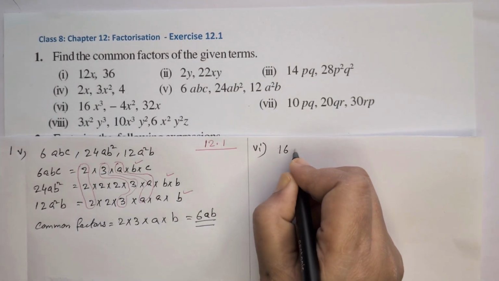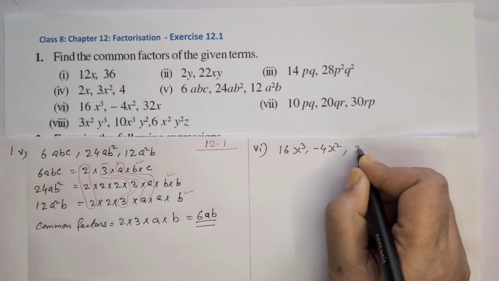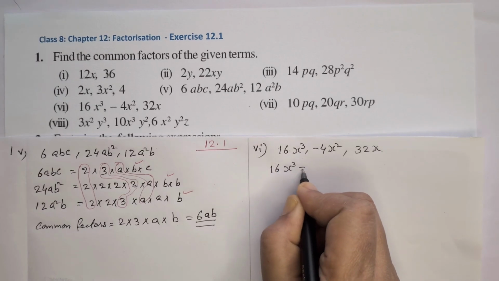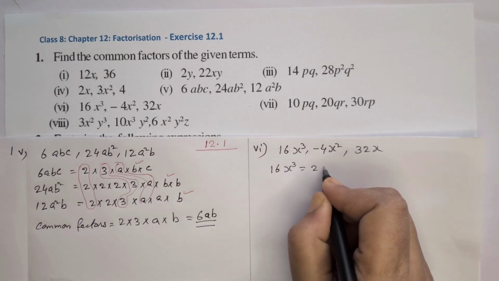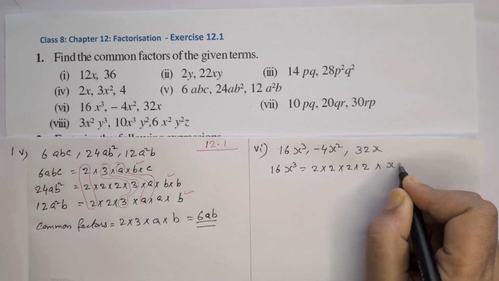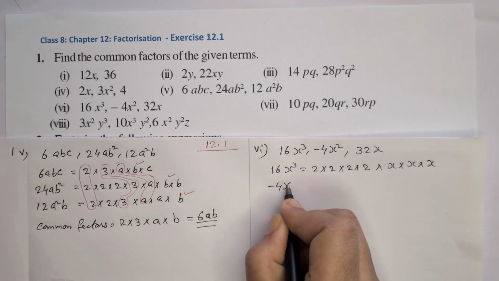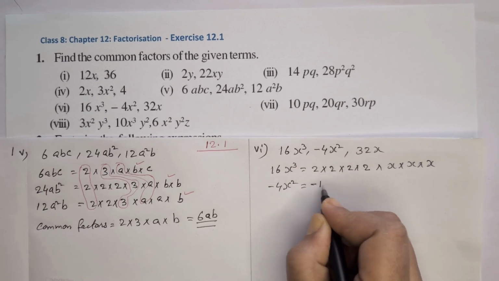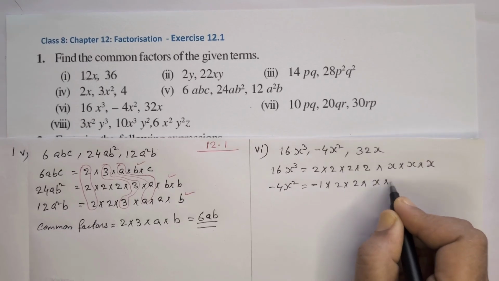Now sixth one, 16h cube minus 4h square and 32h. First term 16h cube. 16 we know is 4 into 4, and 4 again we can split as 2 into 2. So 4 times 2 into h three times. Minus 4h square. This minus sign we can put as minus 1, into 4 as 2 into 2, h square as h into h.